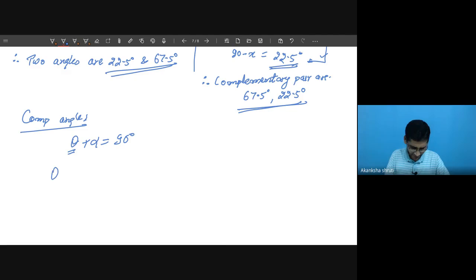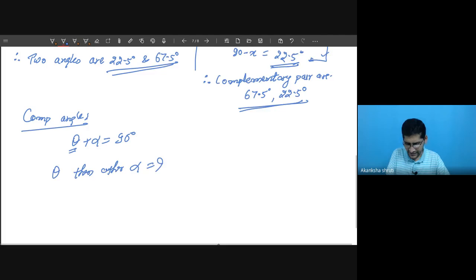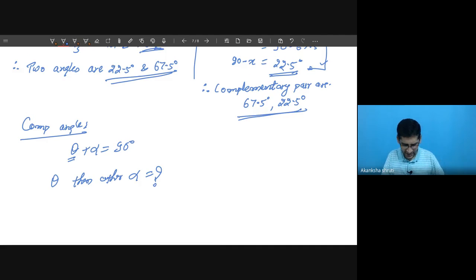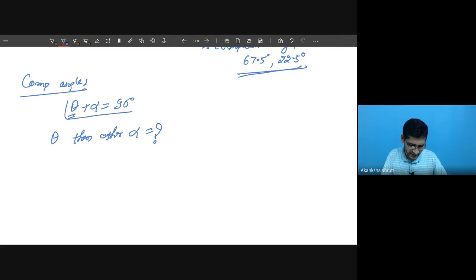If I am taking one angle as theta, then what is the value of alpha if we know theta? So this is the condition for complementary angles. From here we can calculate alpha is nothing but 90 minus theta.